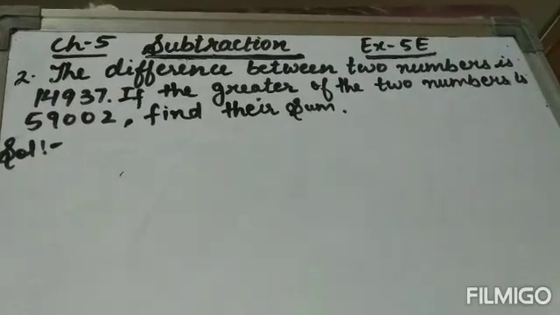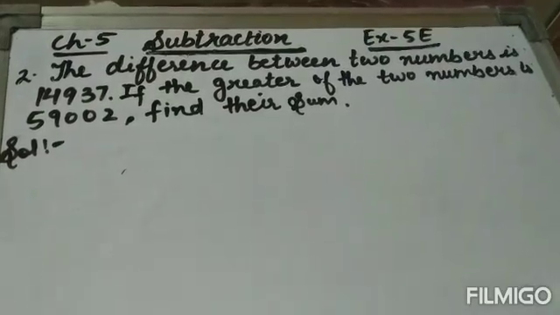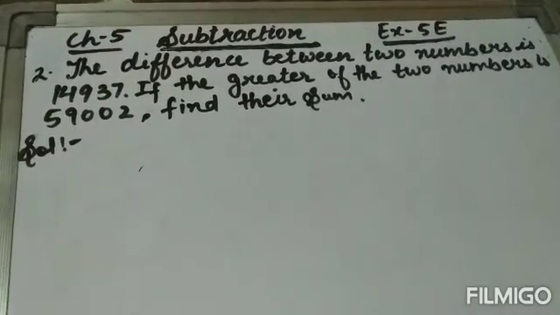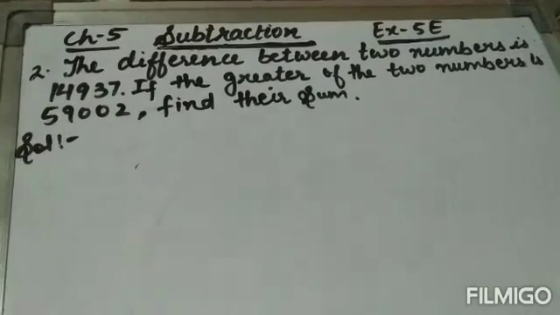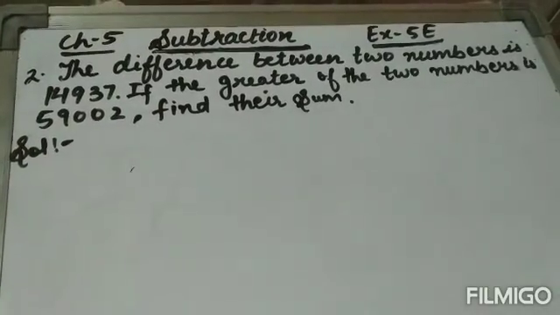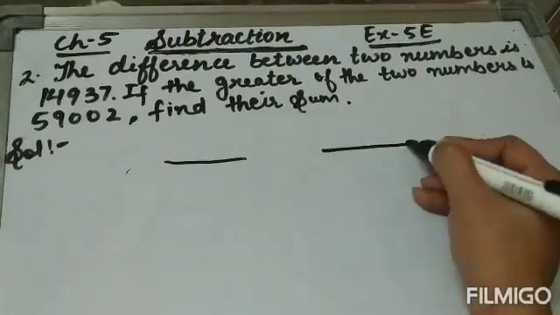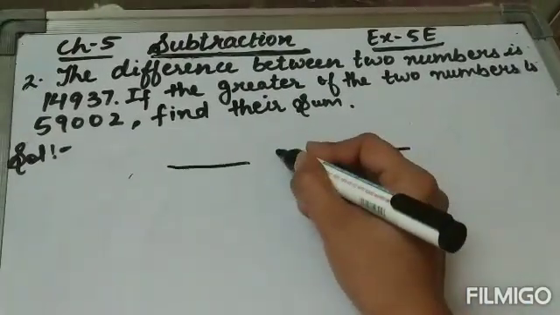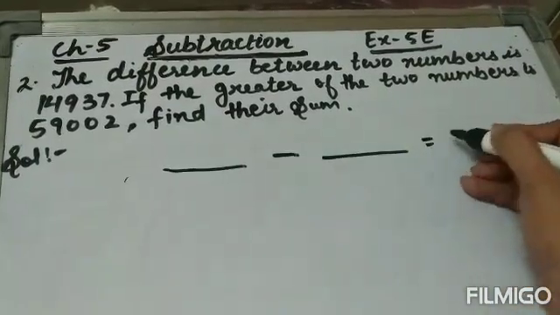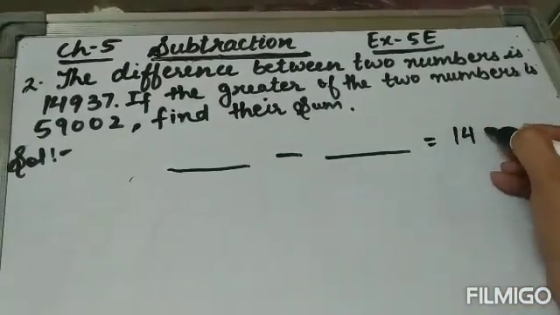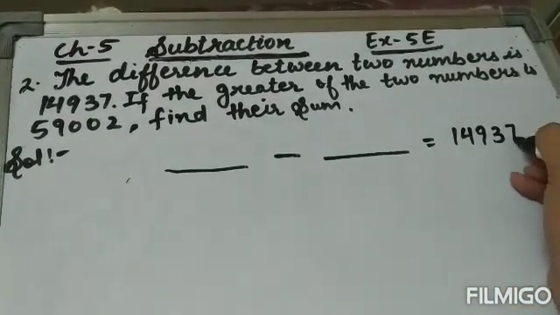Second question is, the difference between two numbers is 14,937. The difference between two numbers is given to us. Suppose we have two numbers. One number is this and second number is this, and the difference between them is 14,937.